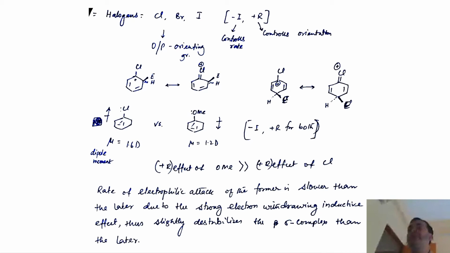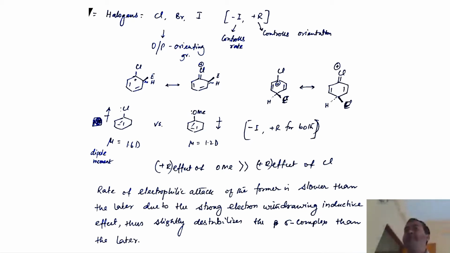it slightly differs when you compare chlorobenzene and, let's say, anisole. In which case would the reaction be faster? How do we know? If you see the dipole moment, in case of chlorobenzene, the dipole is oriented towards the chlorine center, so the electron flow is away from the ring.